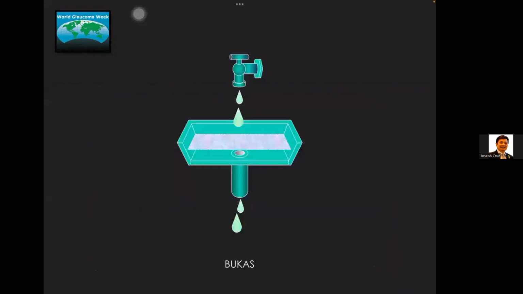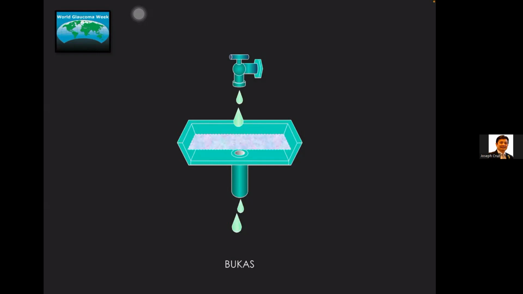Now, maihahambing po natin ang drainage po system ng ating mata na tulad po ng gripo na pumapatak po sa ating lababo. Okay? So water is placed on the water basin to which our drainage system here will allow it to flow out, no?